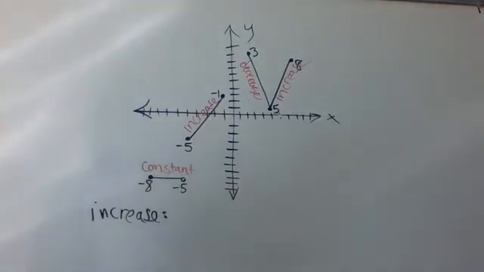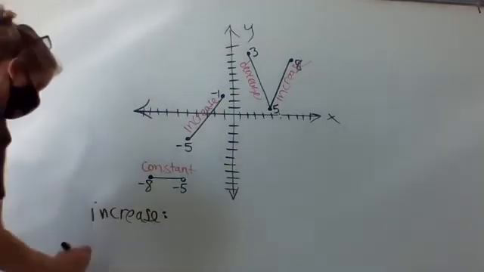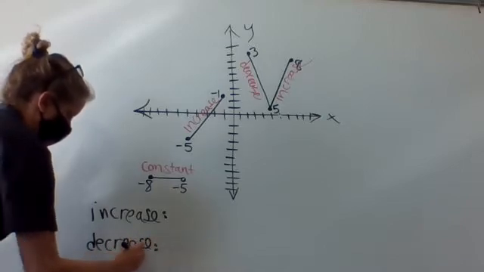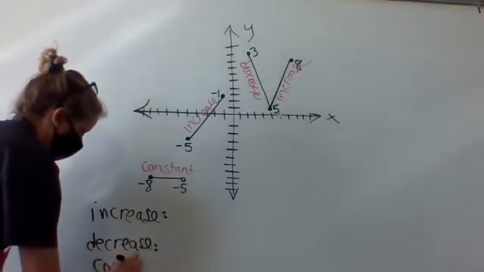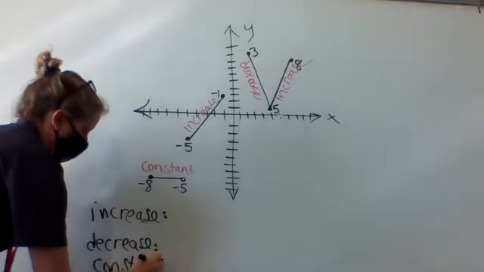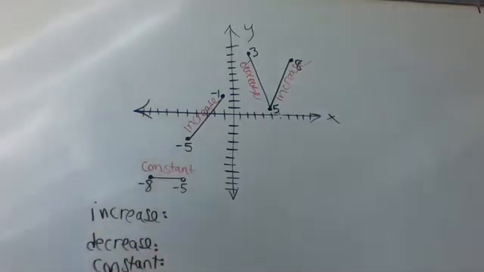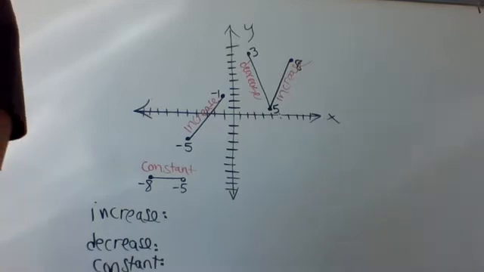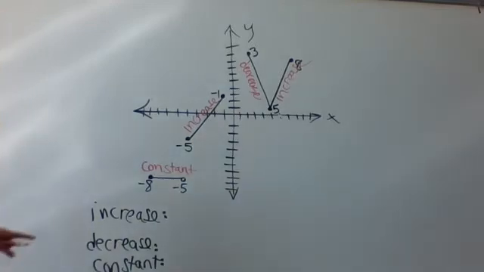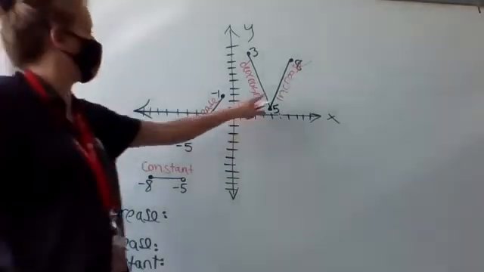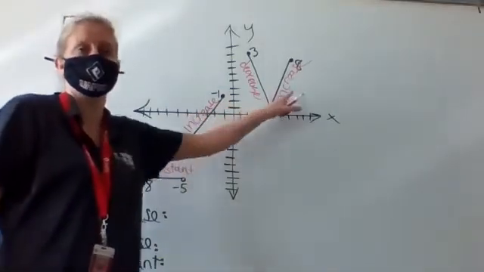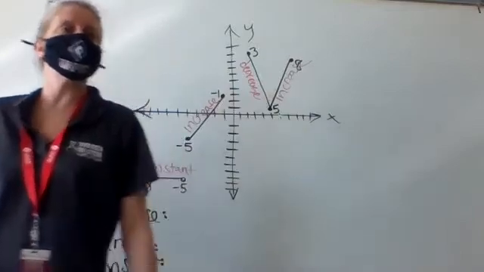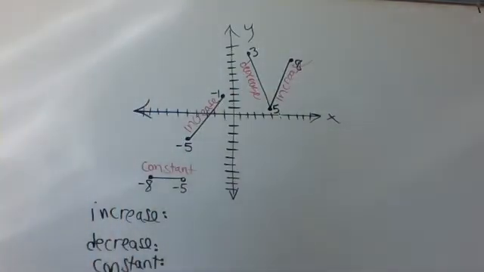This one wants to know increase, decrease, and constant. So let's see, where is it increasing? It's actually increasing on two different intervals, right? So we're going to have two interval notations here because it's increasing in two different spots.